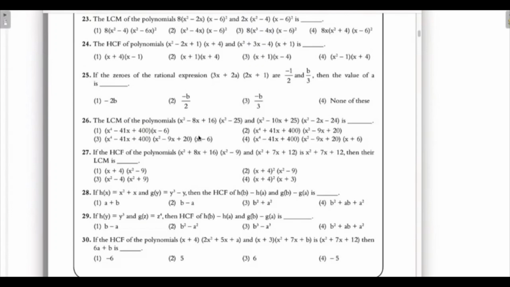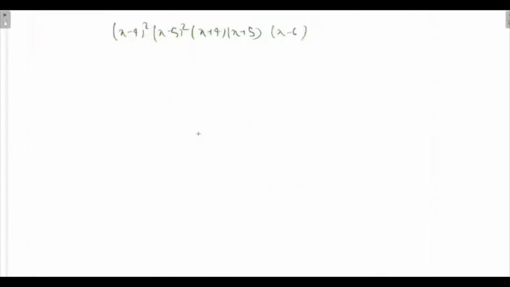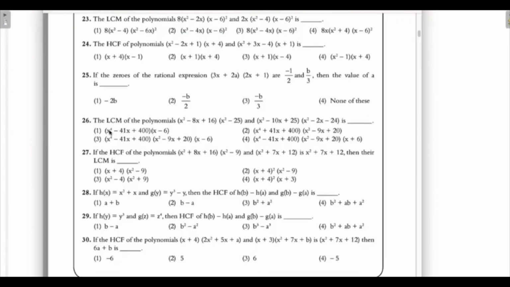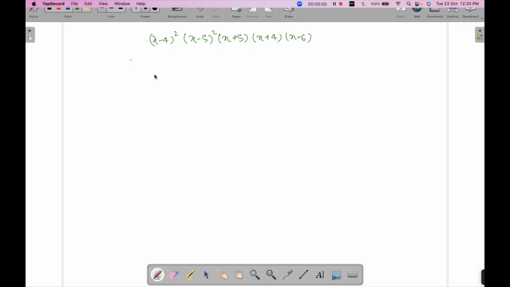So the highest power would be 7, and here the highest power would be 2, then 2, 4, 5, 6, 7. So again, out of these two expressions, I will choose the third one, because this one has got only x to the power 4 and x to the power 1. If I multiply it, I will get x to the power 5, which is not going to be my answer. So instead of calculating the entire thing, I would just choose this.